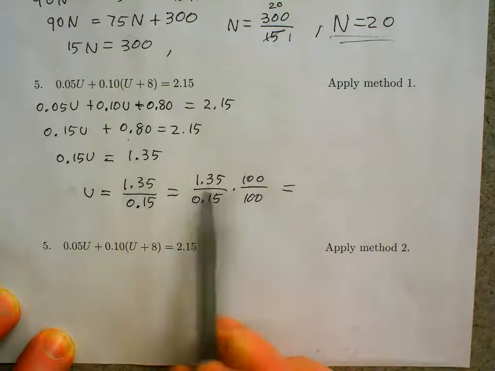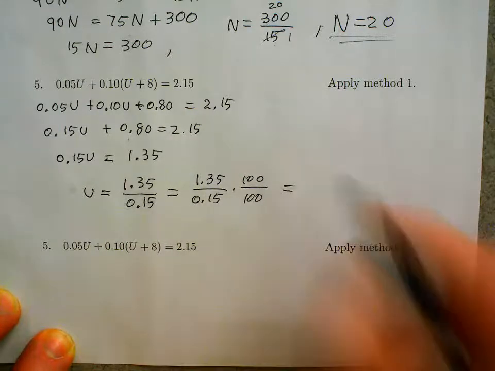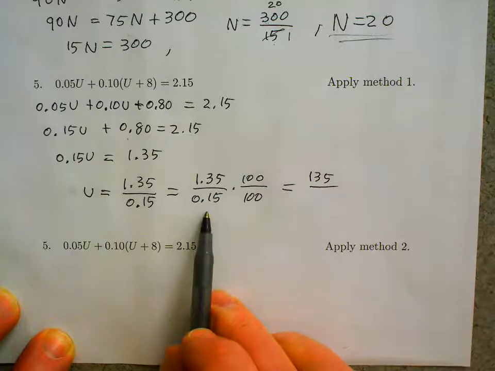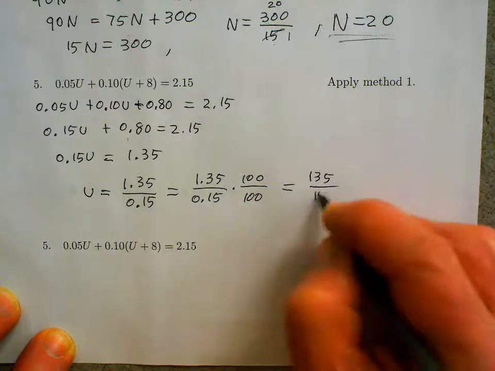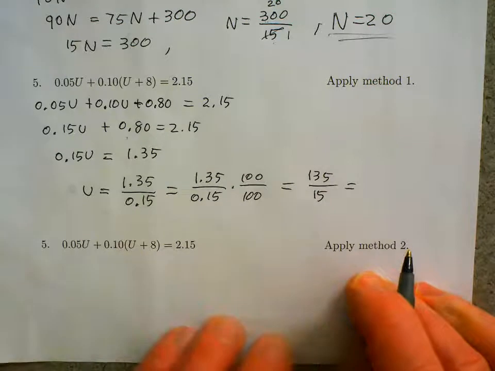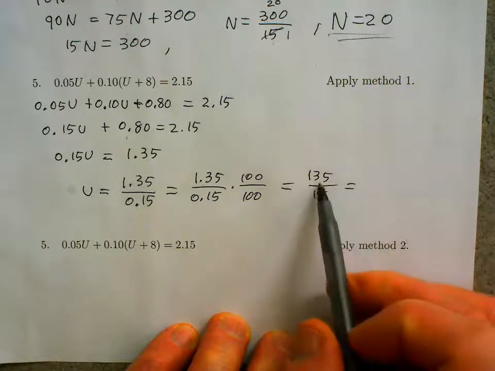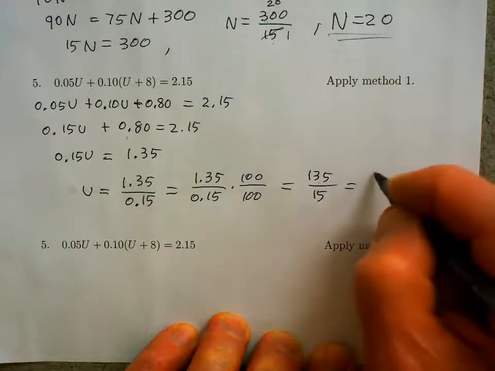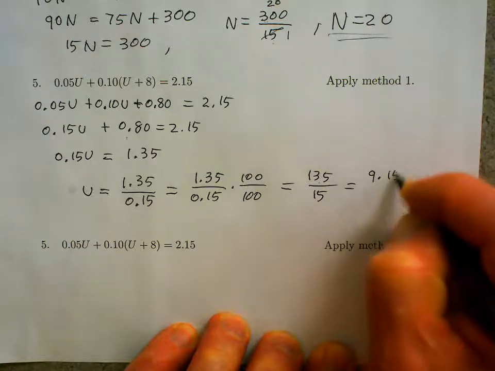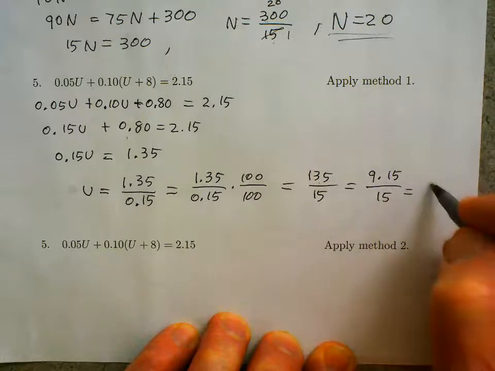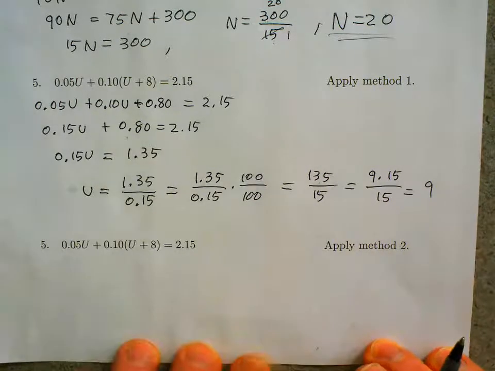So in the numerator, 1.35 times 100 is 135. In the denominator, 0.15 times 100 is 15. And you can note that 135 is 9 times 15. 15 divided by 15 is 1. So the solution is u equals 9.